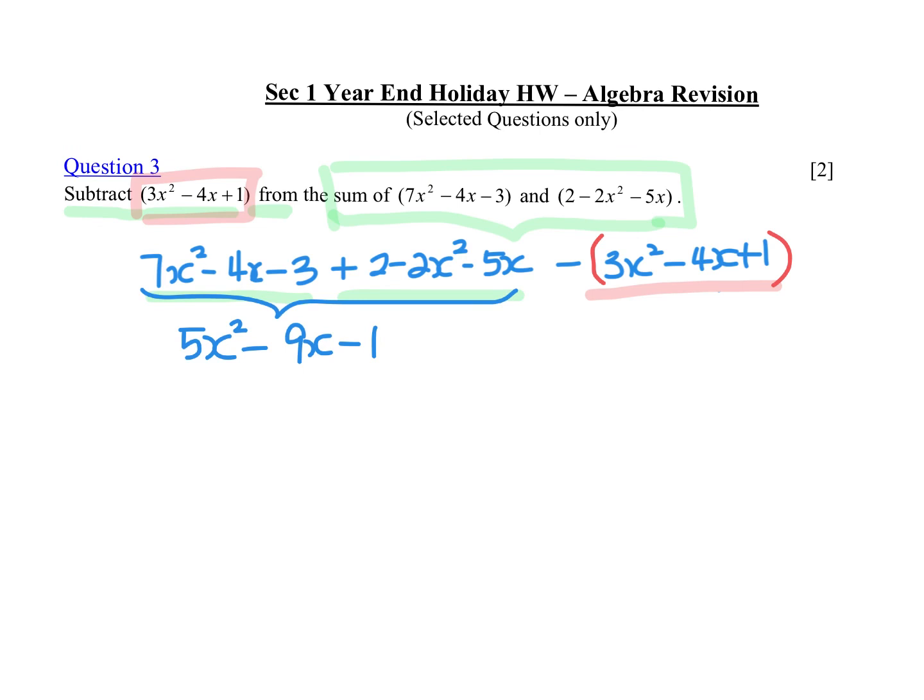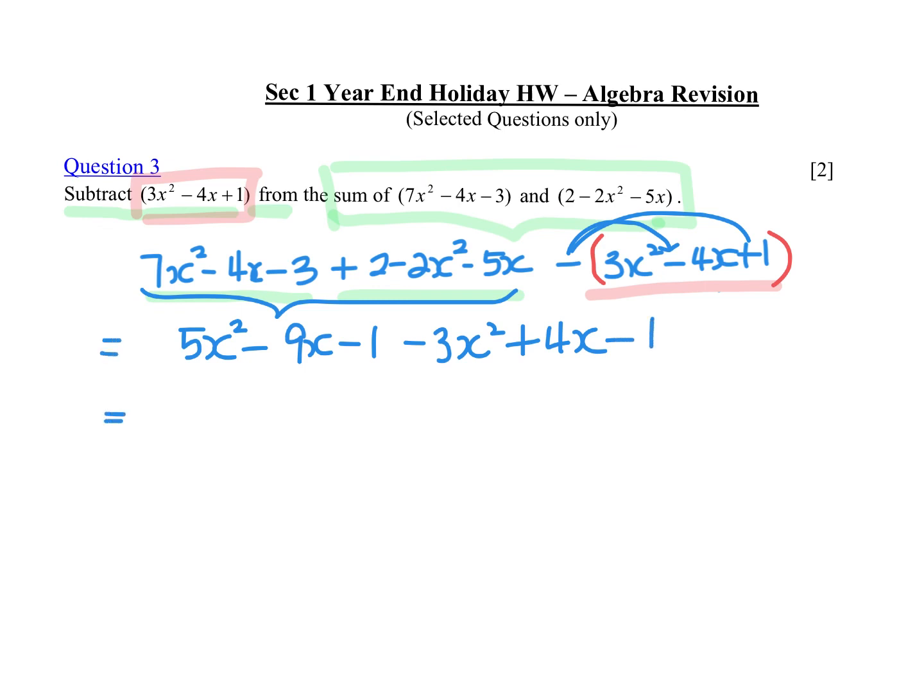The first part in front can be added up and sum up to become 5x squared minus 9x minus 1. But the portion at the back, it will become negative 3x squared. Negative times negative, this one will become positive 4x. Negative times positive, so this one will become negative 1.